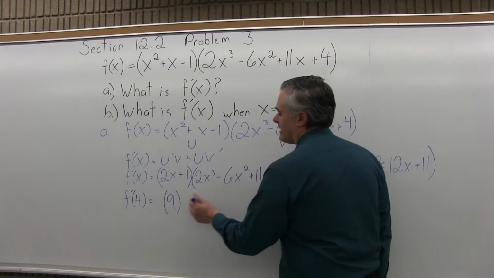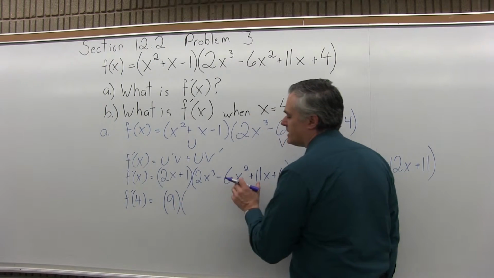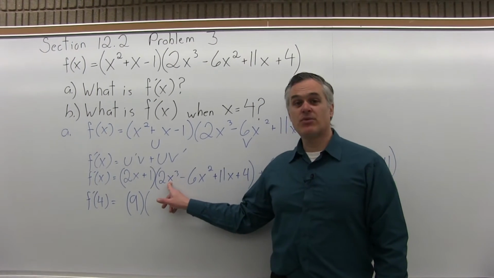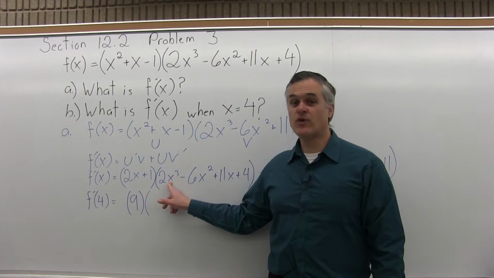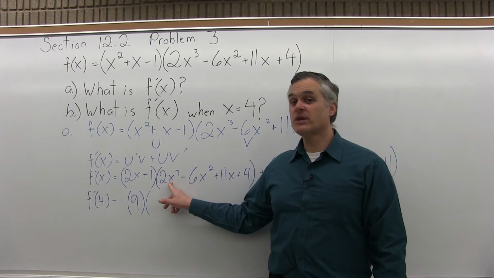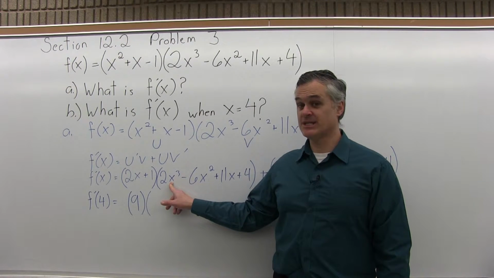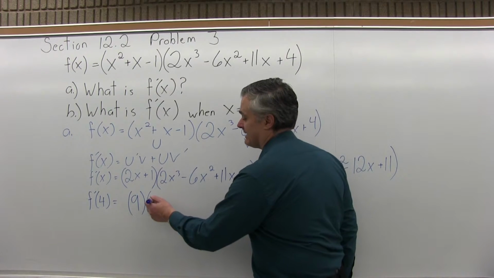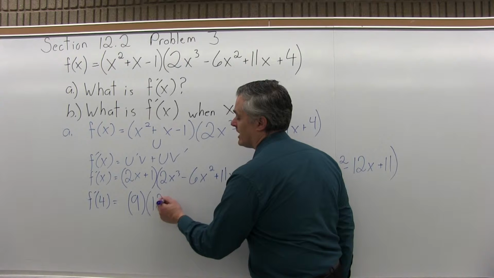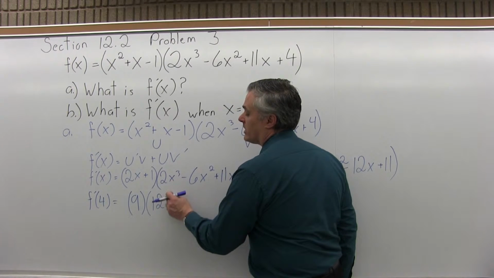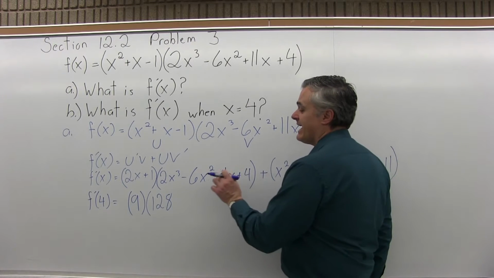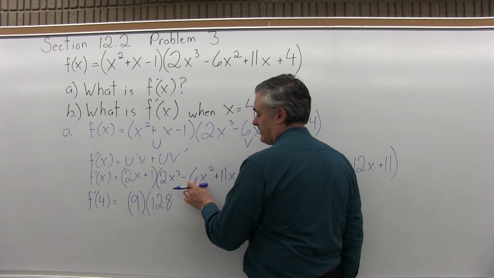The next one I'll write out some of the in-between steps because it's such a big set of parentheses. The 2x cubed, I'm going to put in a 4 for the x. So 4 cubed is 4 times 4 times 4, which is 64, times the 2 in front is 128. So the 2x cubed becomes 128 when I put in a 4 for the x. Now the next piece, 6x squared.